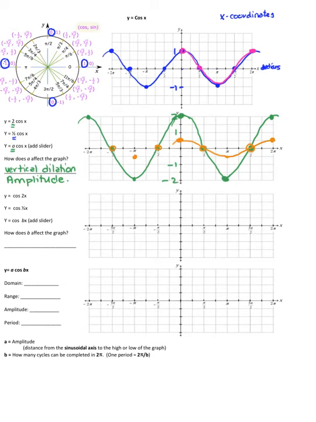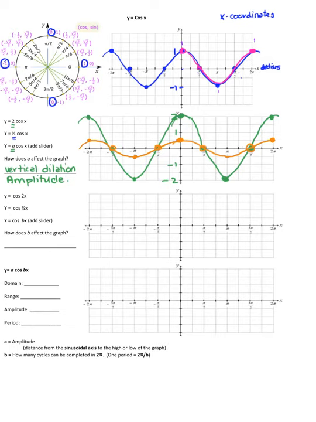This would be at 1/2, 1/2, and there's your graph. So cosine again starts high, ends high. Notice there's always 5 points, and I'm always going to ask you to graph 5 points. So where you begin, where you end, the middle, and then your quarter points in between the beginning, the middle, and the end.